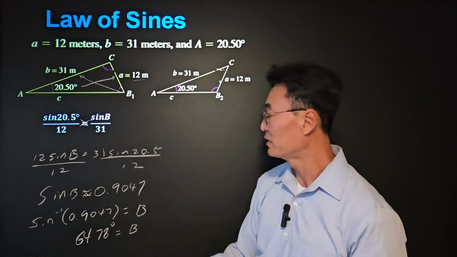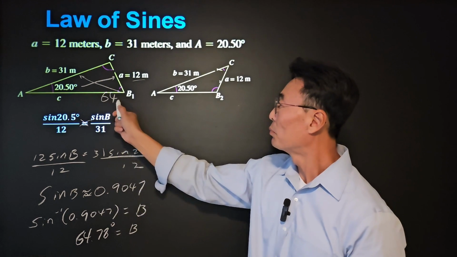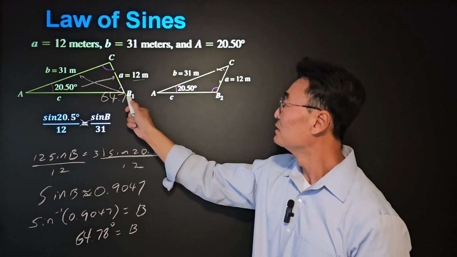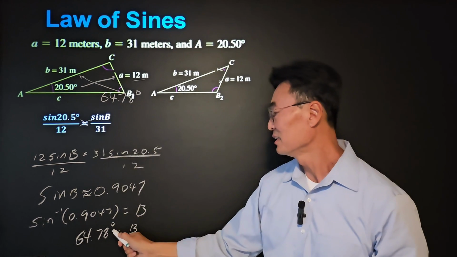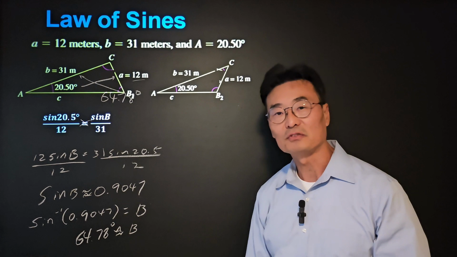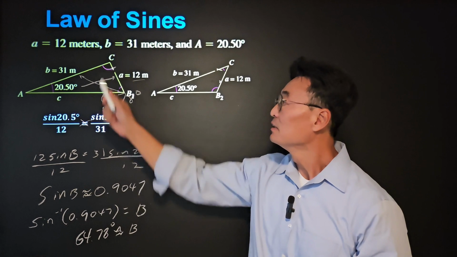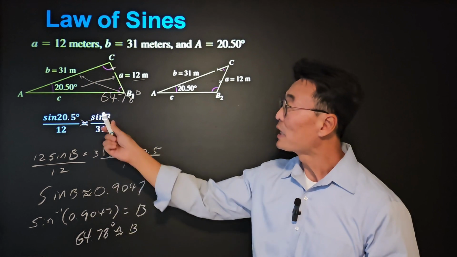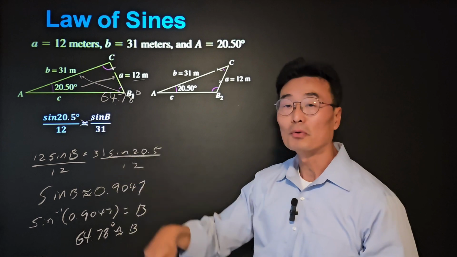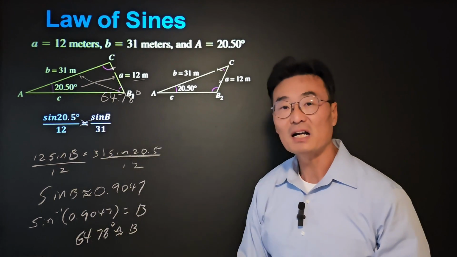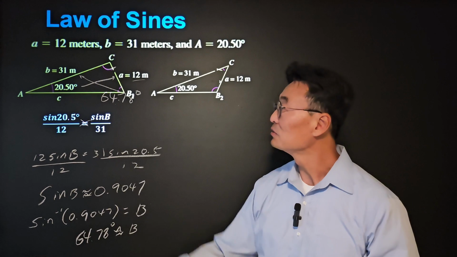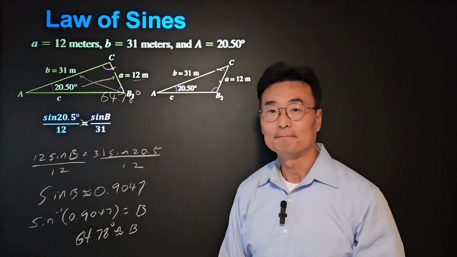So angle B right here will be 64.78 degrees, and always round it off to two decimal places. Then we can find angle C by subtracting angle B, 64.78, and also 20.5 from 180, and using the law of sine again to find side C.